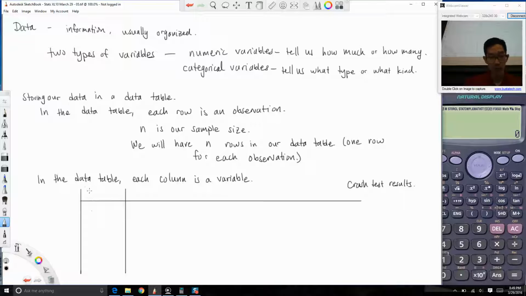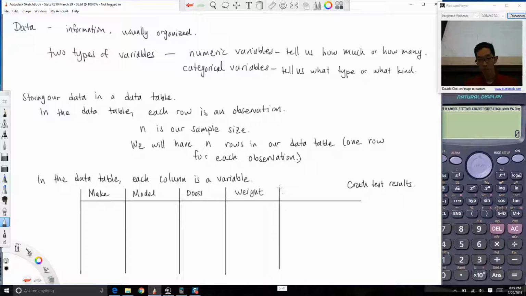These are the columns that we've taken: the make, the model, the number of doors, the weight, and the injury crash rating, I guess. Each row is a crash result.